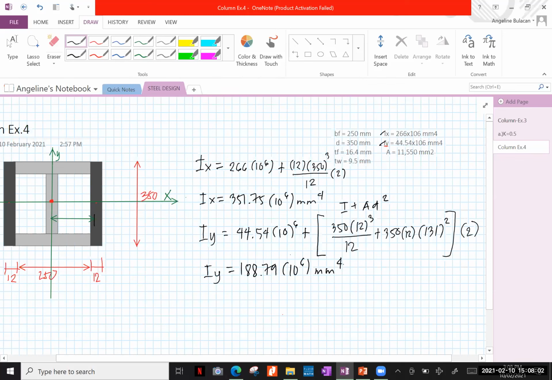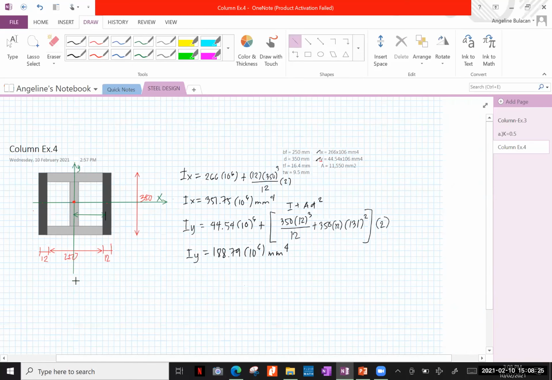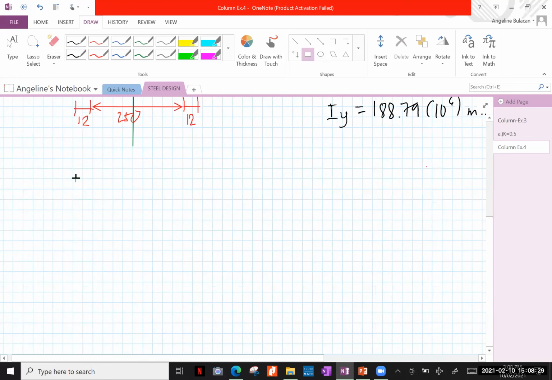Okay, so now, di ba, kung regular tong column, ang gagamitin na natin is yung IY. But, according to the problem, along the x-axis, yung bracing niya is fixed at both ends, pero sa y-axis may bracing sa gitna. So, ganito yung magiging itsura niya. Kunyari, ito yung column natin.